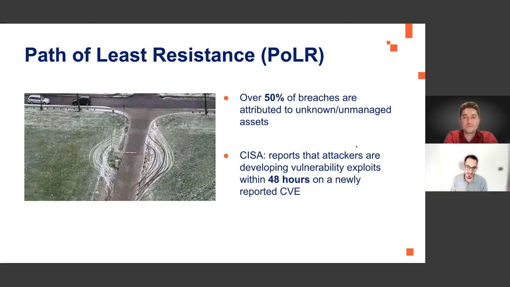And the other point that is really interesting is that we're seeing that attackers are becoming much more efficient and effective at finding these unknown and unmanaged assets and weak spots, blind spots.